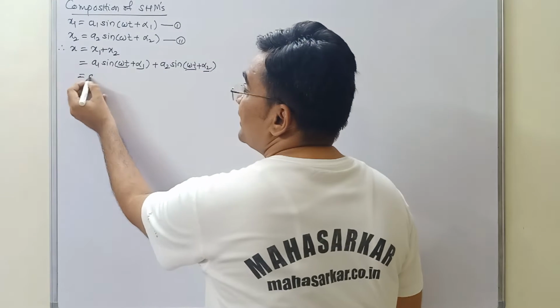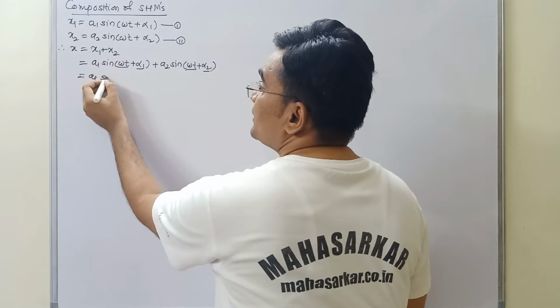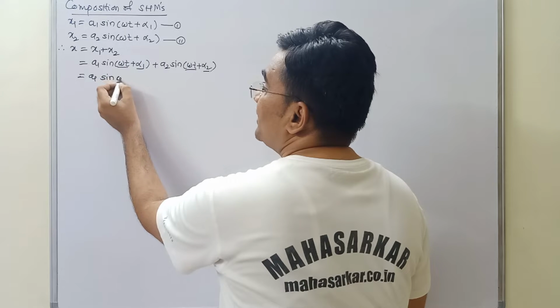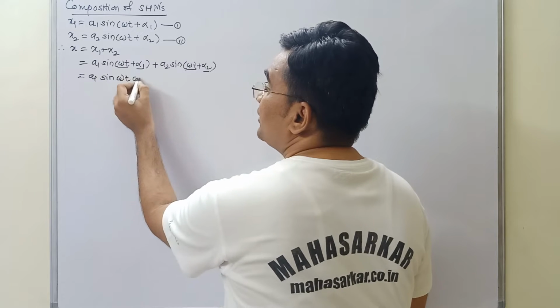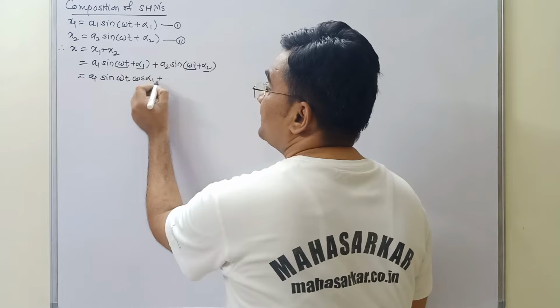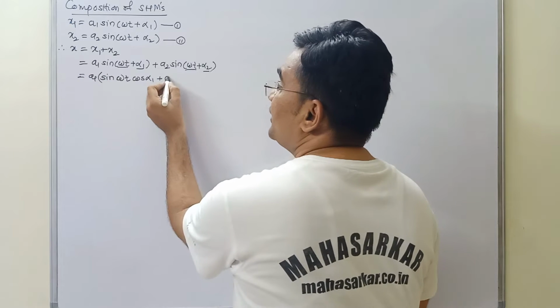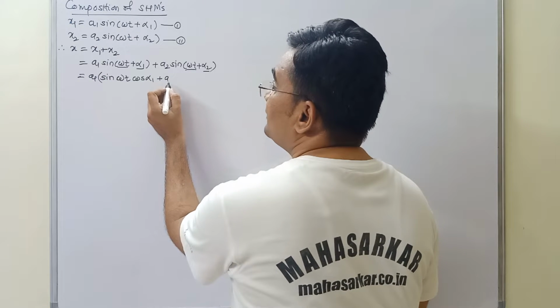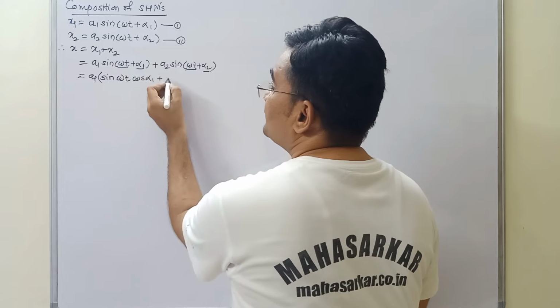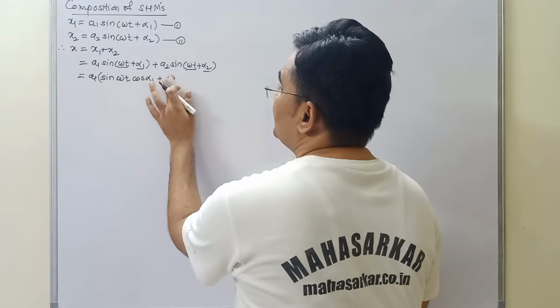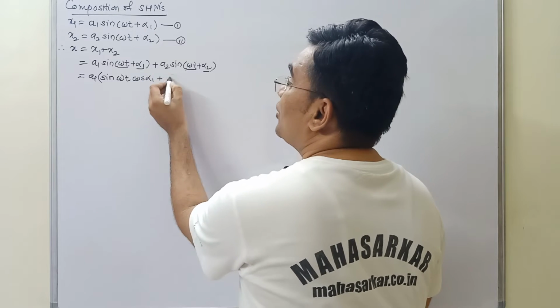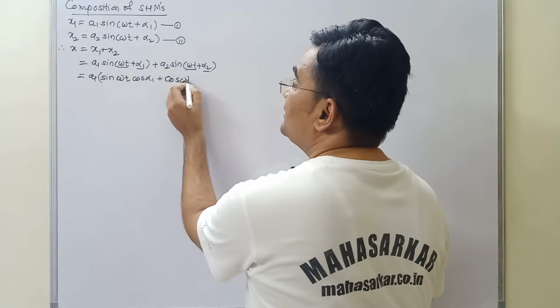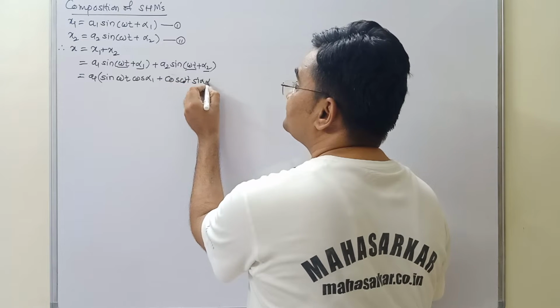Then see, a1 constant, sin omega t cos alpha 1 plus cos omega t sin alpha 1.